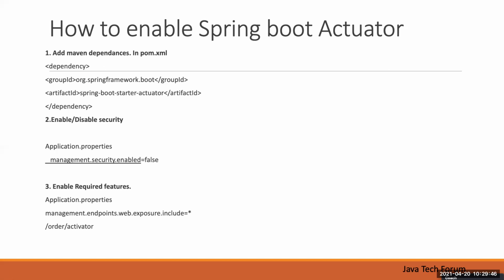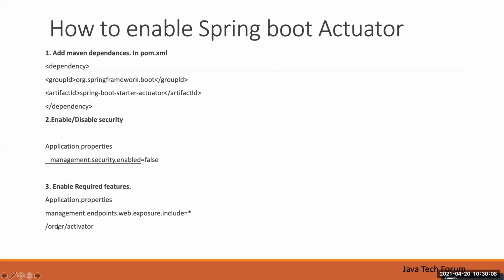Another property: I already told you it exposes around 20 plus endpoints. We can include all by adding the star, or you can include only the required services, for example metrics or beans. Based on your requirement, you can include only those services.